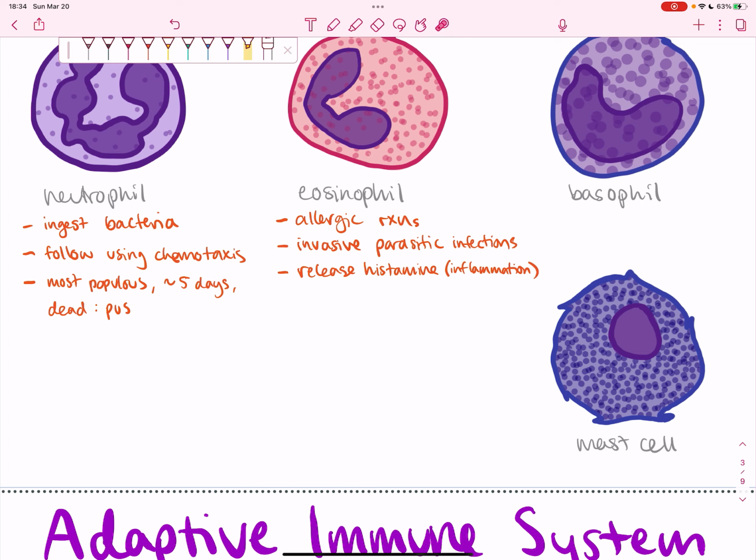Histamine causes an inflammatory response, which results in vasodilation and increased leakiness, I'm going to say, of blood vessels. So additional immune cells, especially macrophages and neutrophils, can move into the tissue that is infected, which is useful against extracellular pathogens, mainly bacteria, fungi, and parasites. So I suppose I'll just write a little blurb on that.